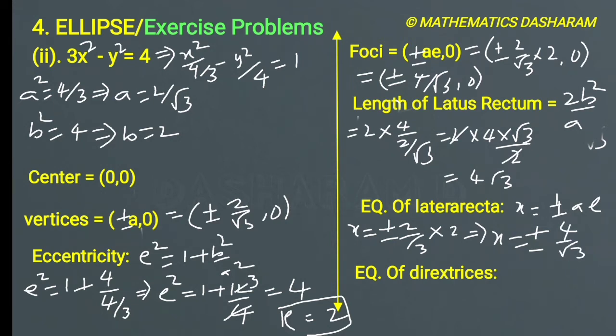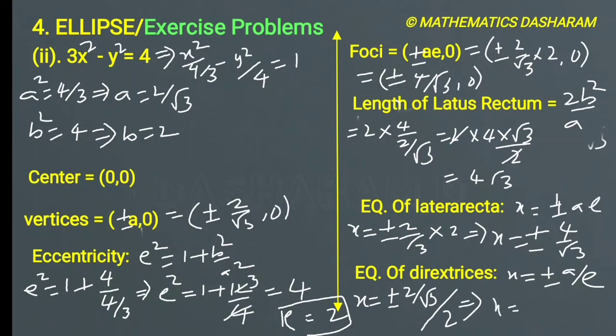Next, equation of directrices, that is x equals plus or minus a by e. x equals plus or minus a value is 2 by root 3 divided by e value, which is 2. Then here 2 cancel, then x equals plus or minus 1 by root 3.